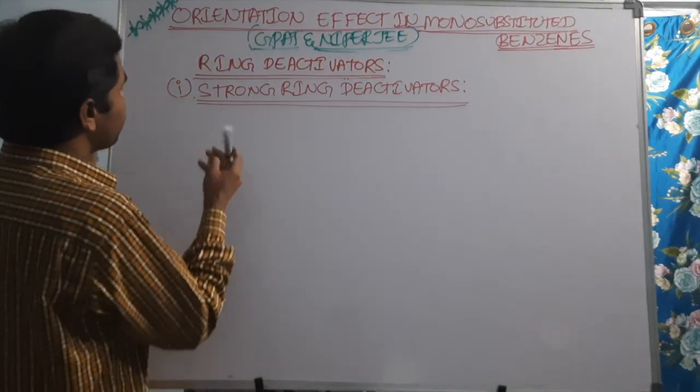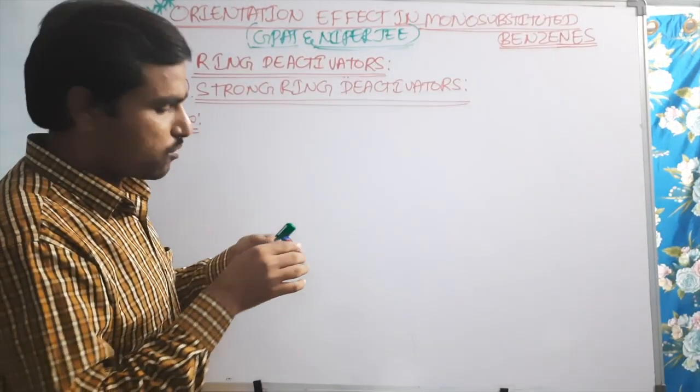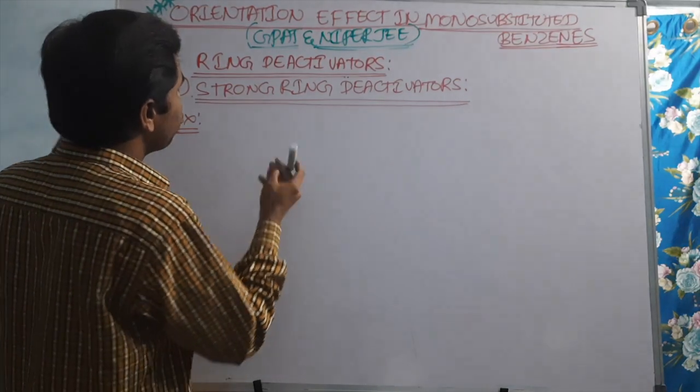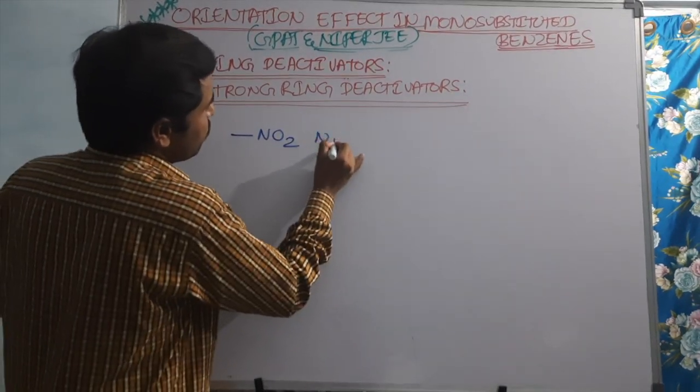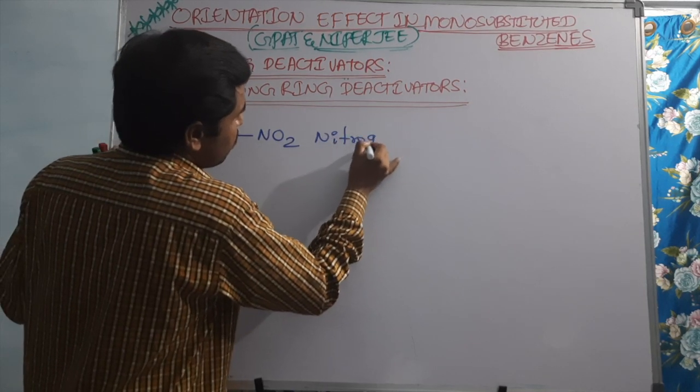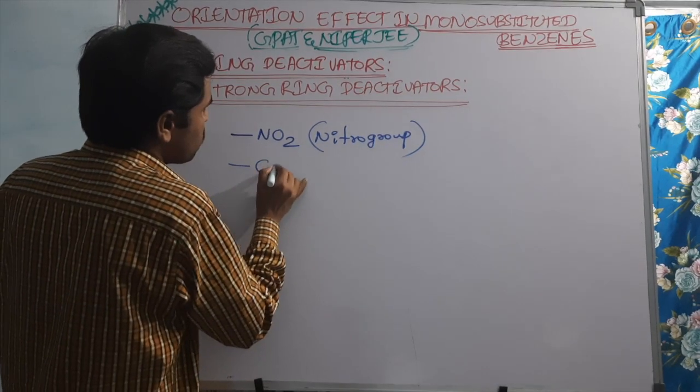What are the examples? First and foremost is the nitro group. Second one is the cyanide group.